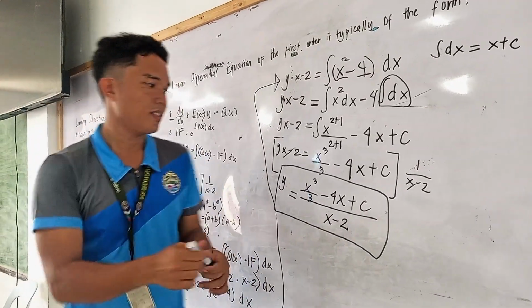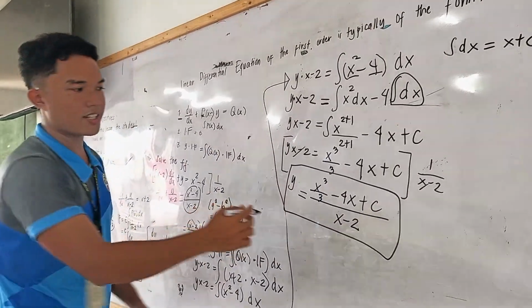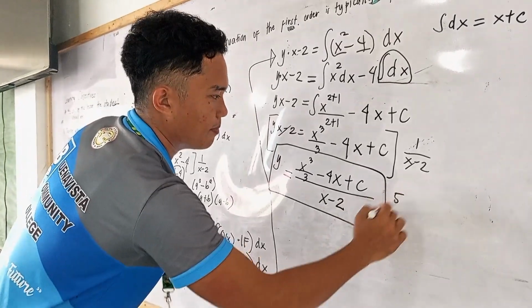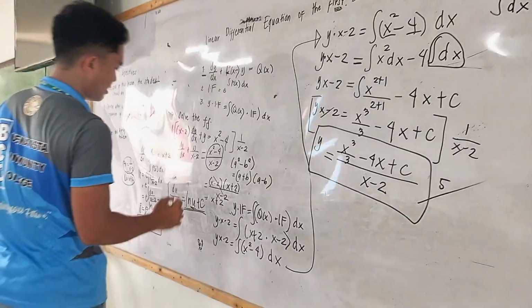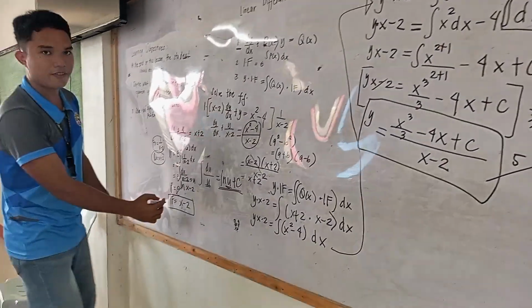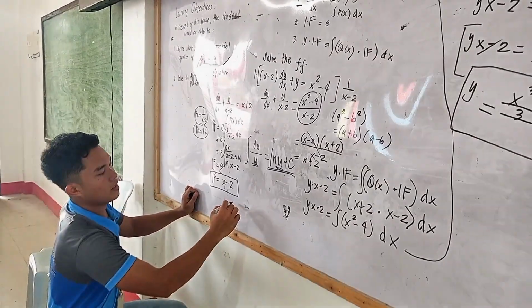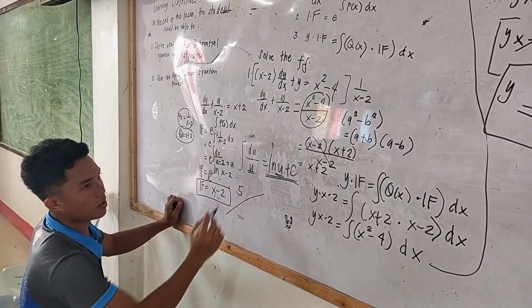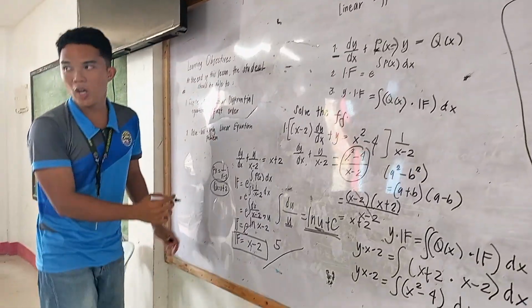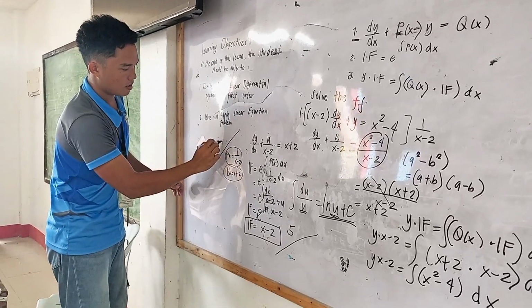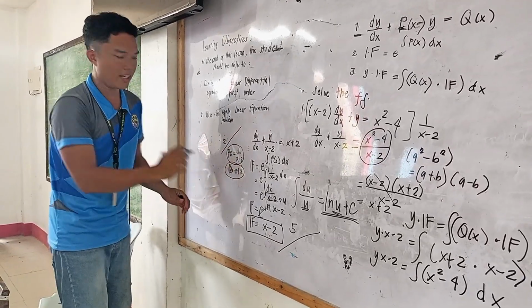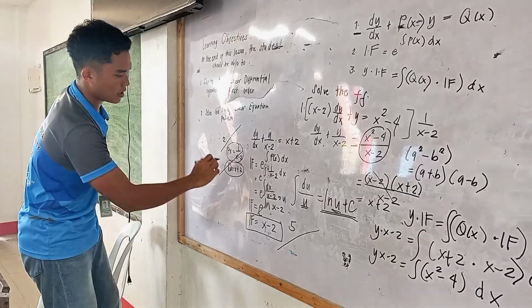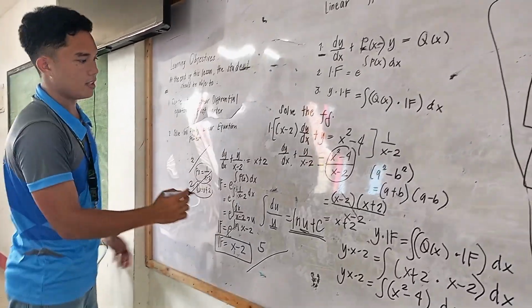Okay? In this final answer, I give 5 points for the integrating factor, 5 points also. Then the p of x, 2 only, and the q of x, 2 only respectively.